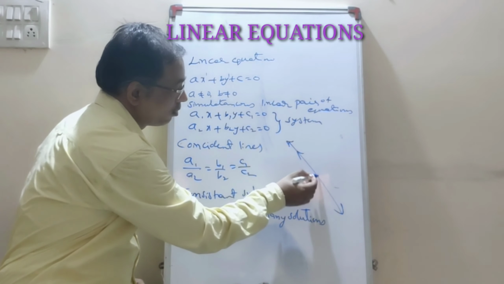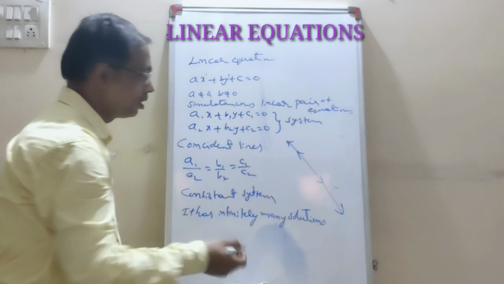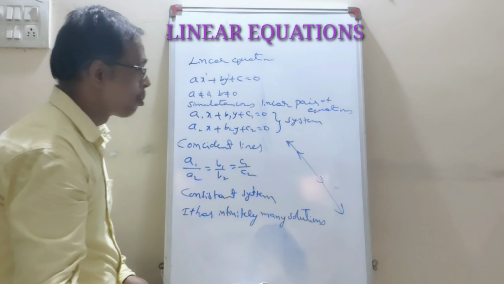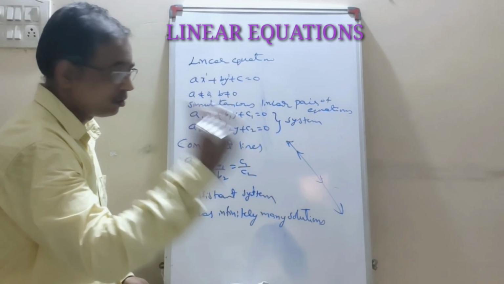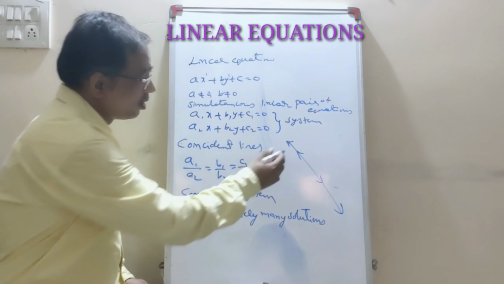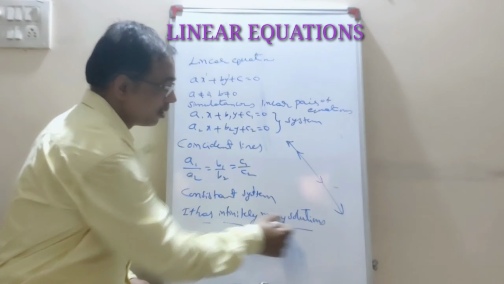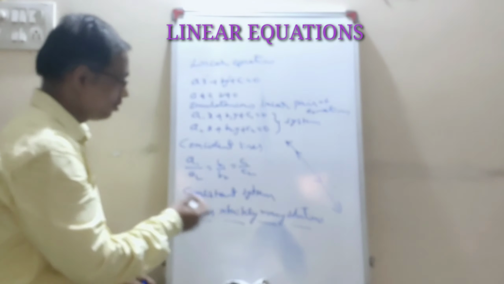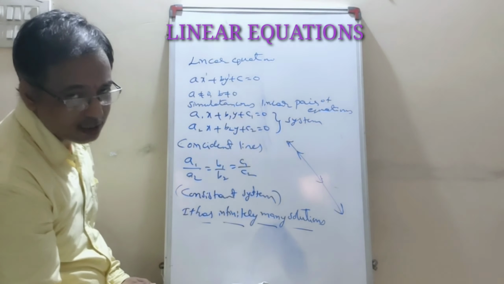One line is coincident with the other line, so joining the lines we get so many points. That's why the system has infinitely many solutions. Whatever it may be, the system is known as a consistent system.